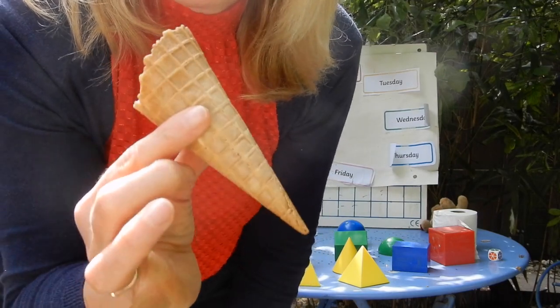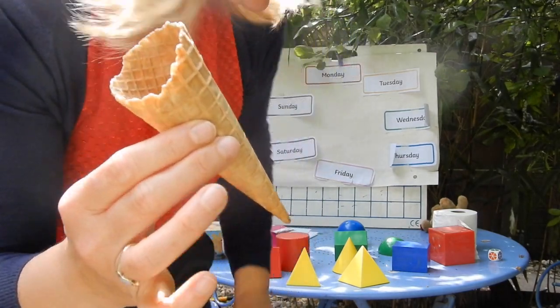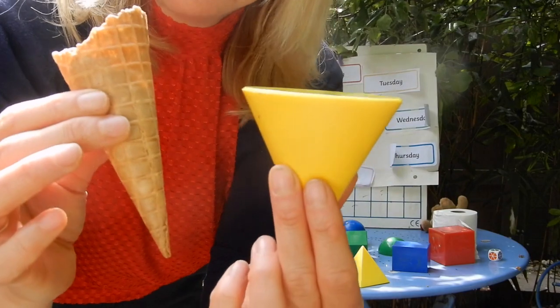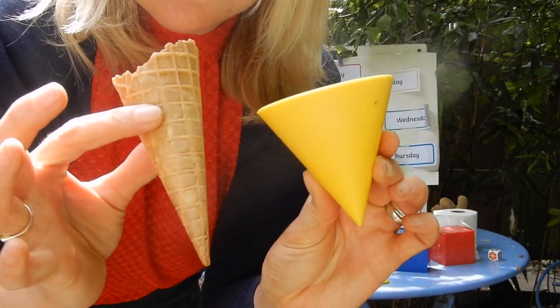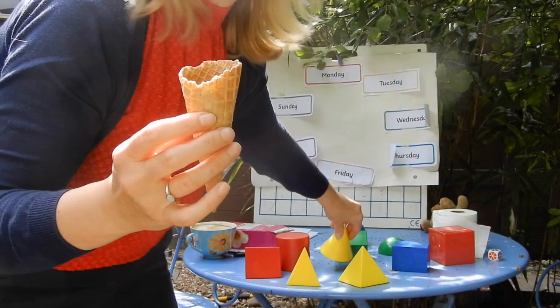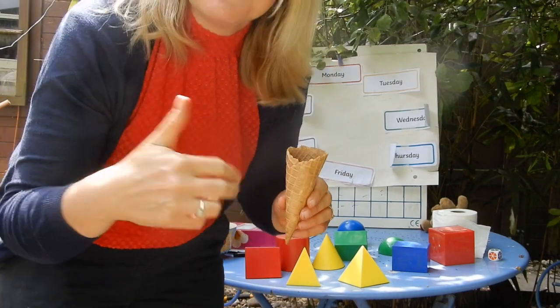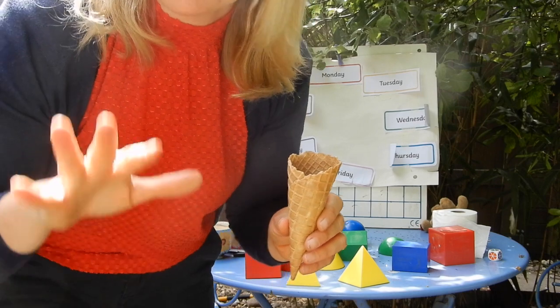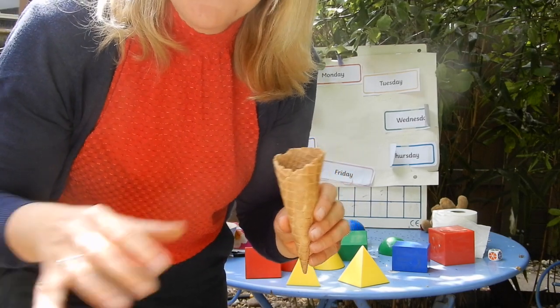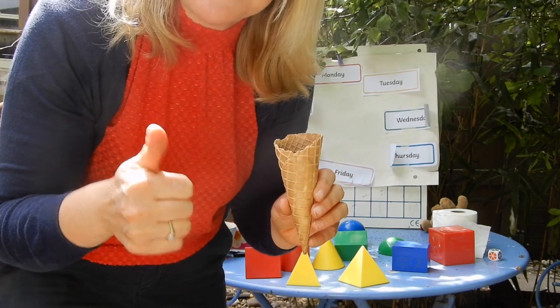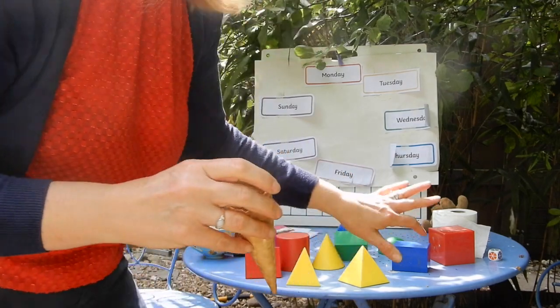So I have found an actual cone that is the same shape as my 3D solid cone as well. So show me what you found for a cone. Oh, they look excellent. Well done. If you had trouble finding something like a cone, don't worry, because they are tricky to find indoors. All right, so fantastic cones. Pop those on the side, on your table.